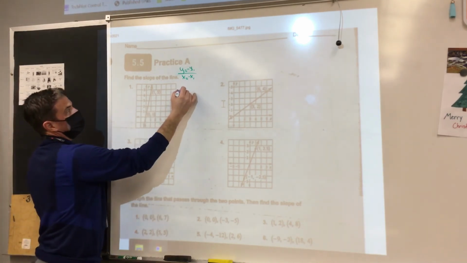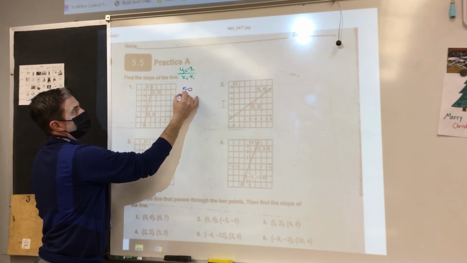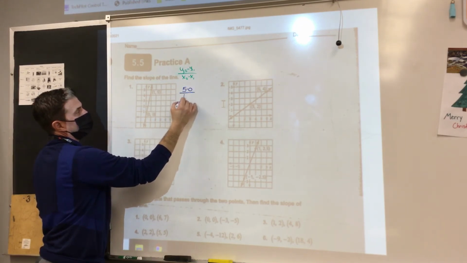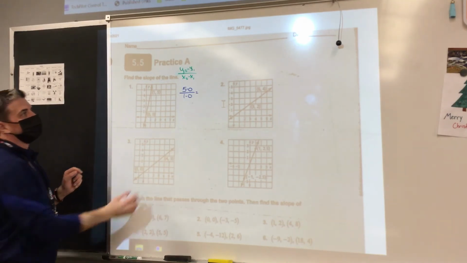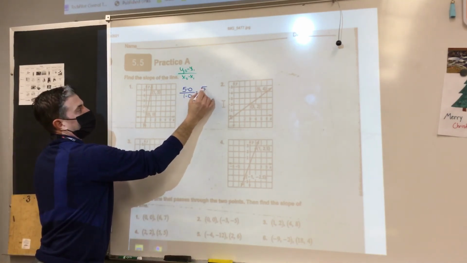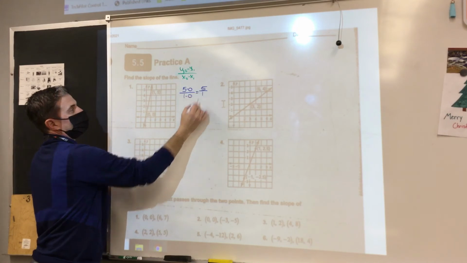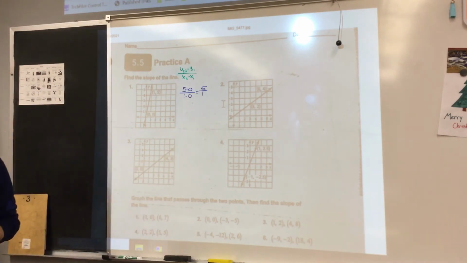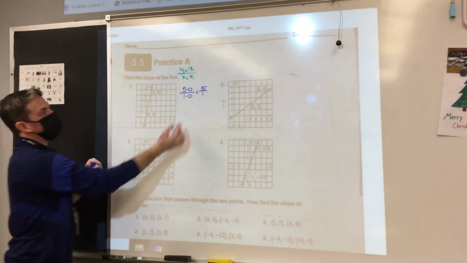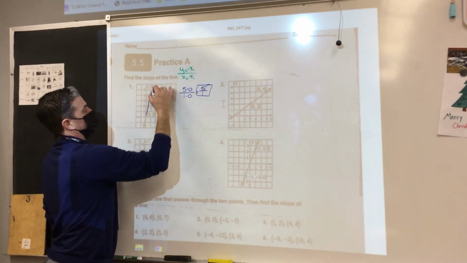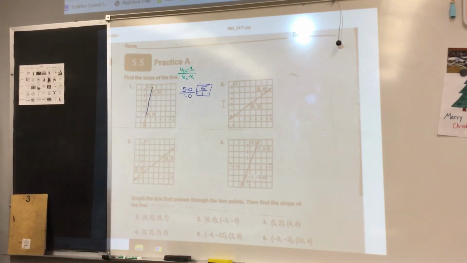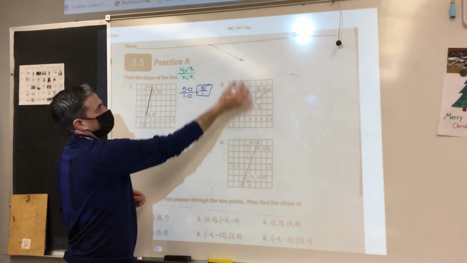What's that? 5 minus 0 and... So the answer is 5 over... That's your slope. Now, is this a positive or negative? Positive because it's going that way. If the slope would go downhill, that's when we get into negatives.